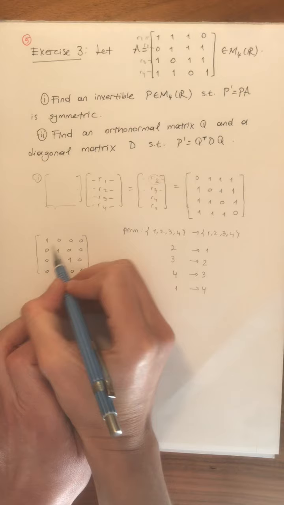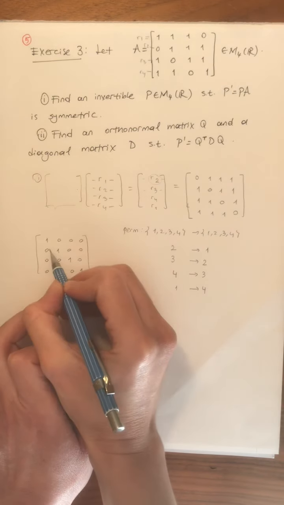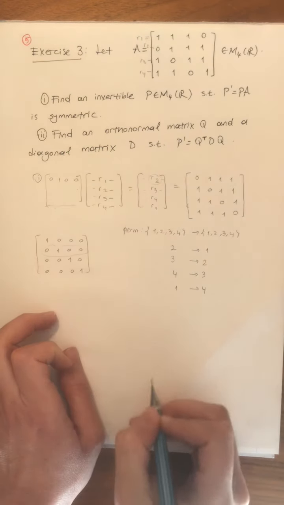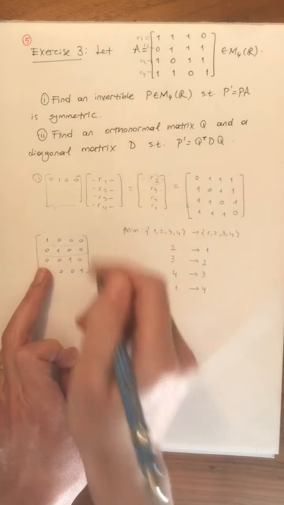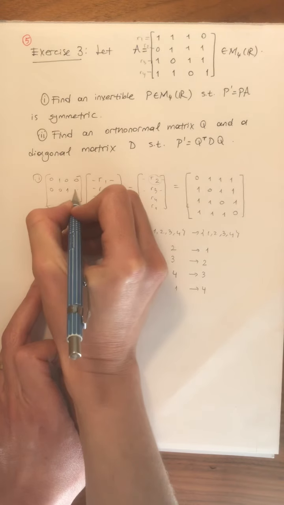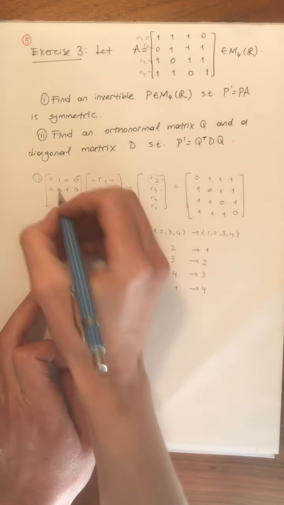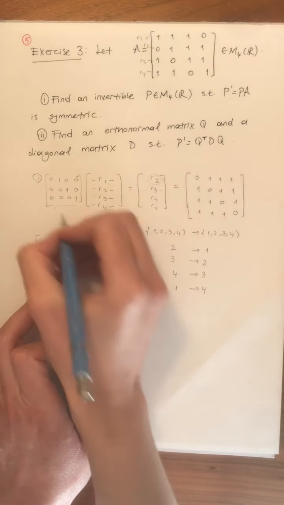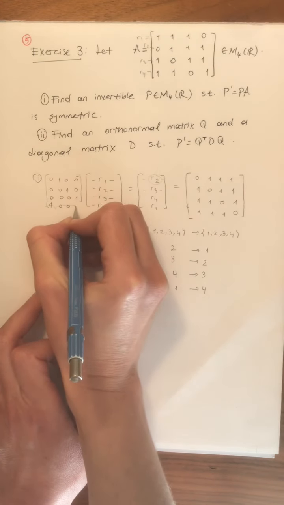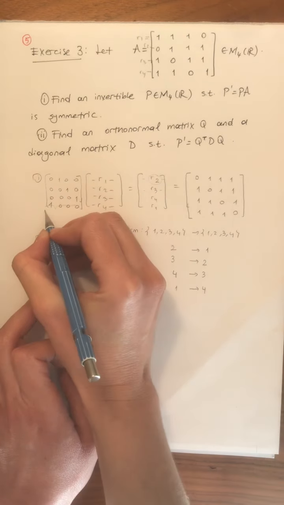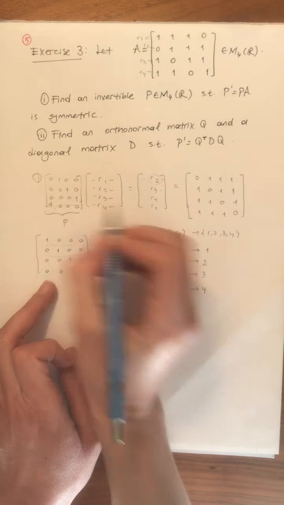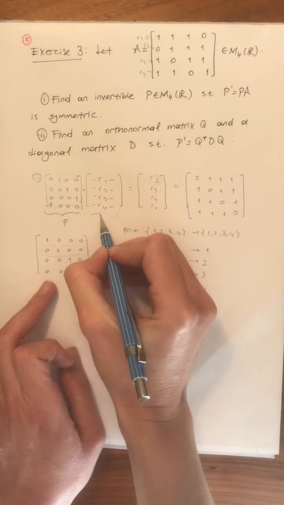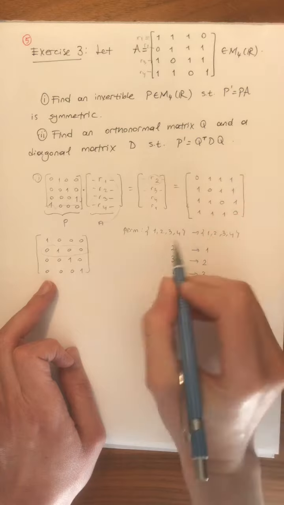So here we will write the second row of the identity matrix in the first row, and the third will be replaced by 2, and finally we will set the last row. And we may easily check that this P makes our matrix A symmetric.